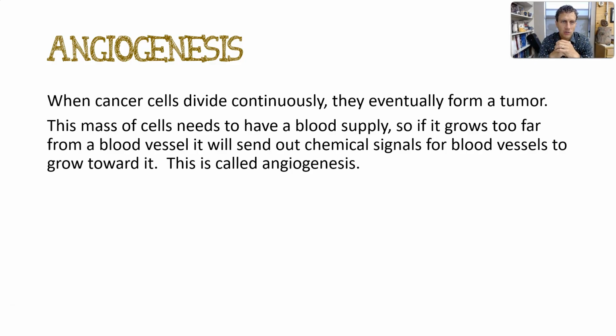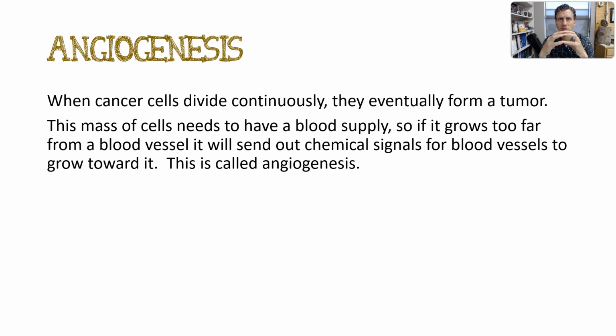And when cancer cells divide continuously, they eventually form a tumor. But that mass of cells needs to have a blood supply. So if that tumor grows too far from a blood vessel, it'll send signals for new blood vessels to come grow toward it, so that it will feed the tumor.